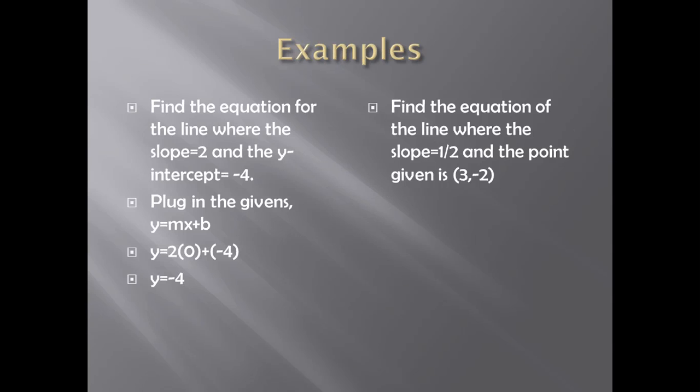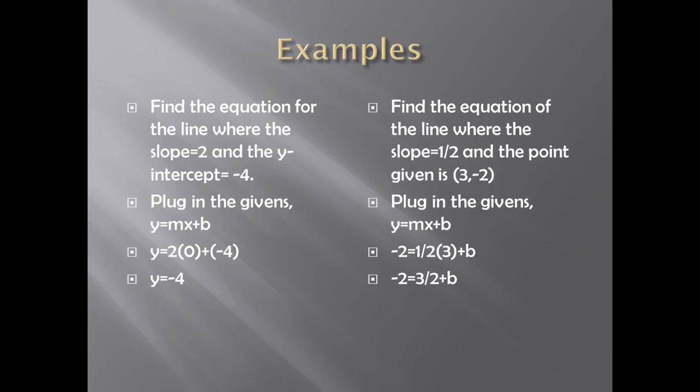When we plug in the givens, we have -2 is equal to, because -2 is the y value, 1/2 times 3 plus b, because b is what we're solving for. Now we will distribute the 1/2 into the 3, and you get 3/2 plus b is equal to -2.